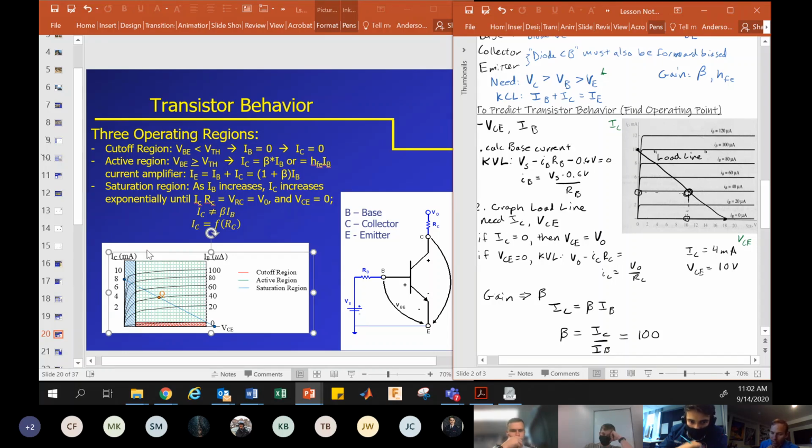The blue region is the saturation region. And saturation region is actually where we want to operate most of the time. In the saturation region, the collector current is maximized. It's at its highest point, and VCE is very low.